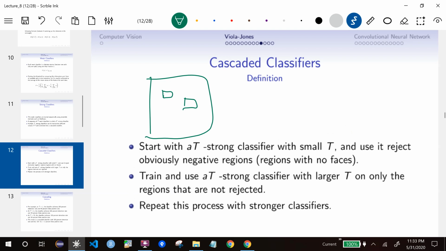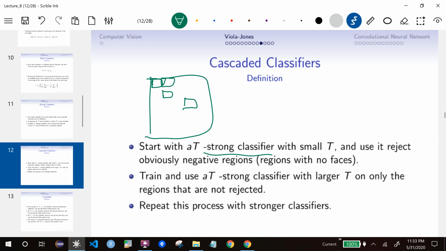Instead of training one single AdaBoost strong classifier with millions of weak classifiers that is really accurate, the first region would be very difficult, it takes a long time to classify, and the second region takes a long time as well.